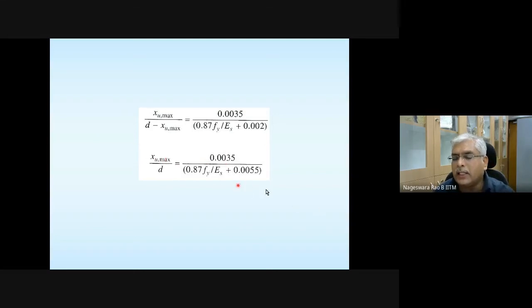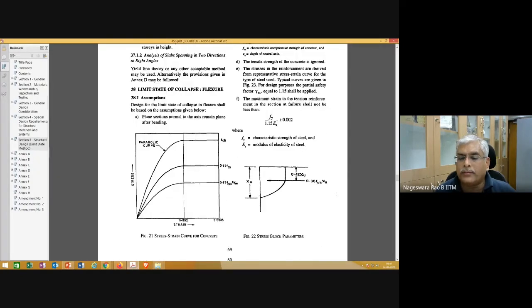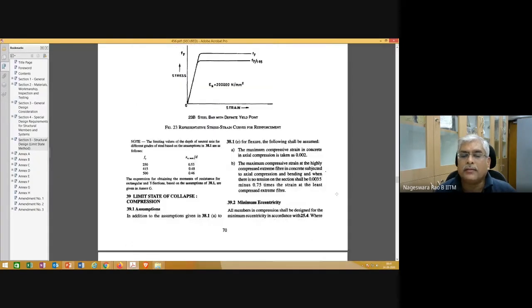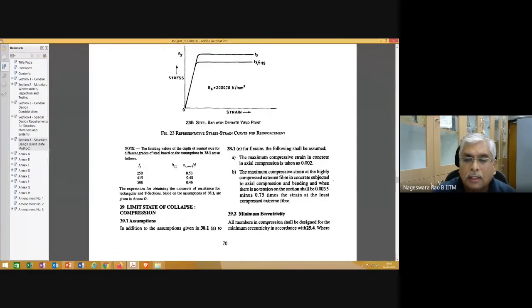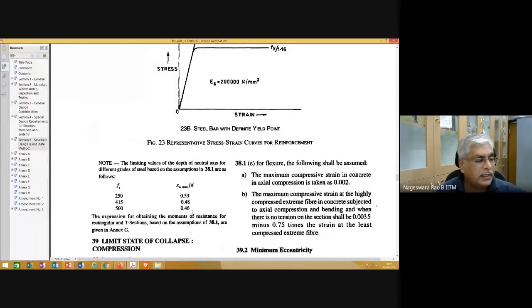If this is clear to you, what is this XU max divided by D for different types of steels that is given in your IS code? XU max divided by D for different grades of steel is given here.